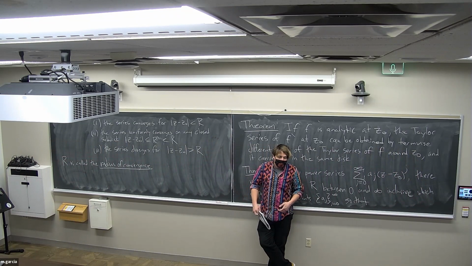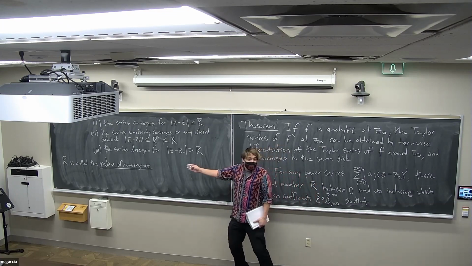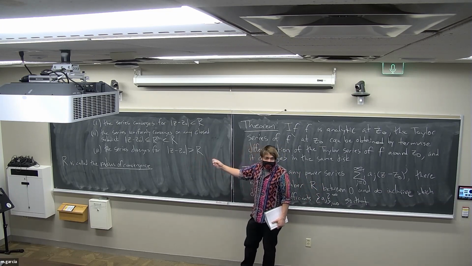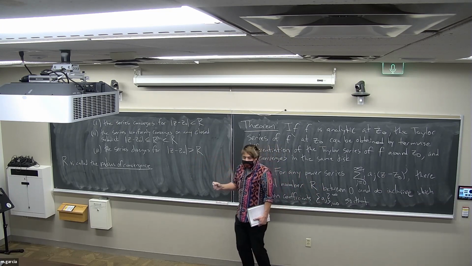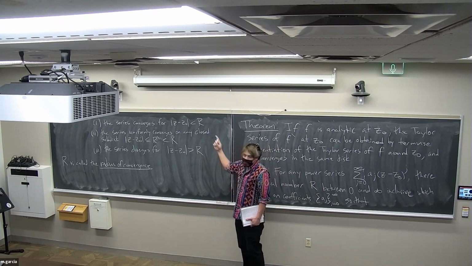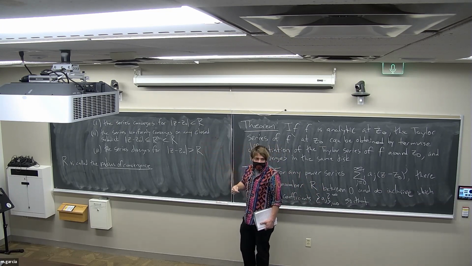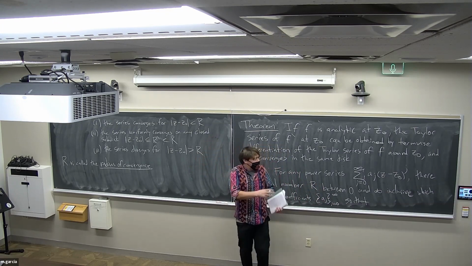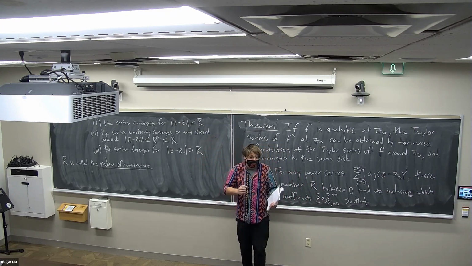I can use, say, the ratio test or some other series test to determine the interior, and then I have to check the endpoints by plugging things in and using a battery of other tests. This is analogous here. In general, you have to check on a case-by-case basis whether or not the Taylor series converges on the circle that bounds the disk where convergence is guaranteed.